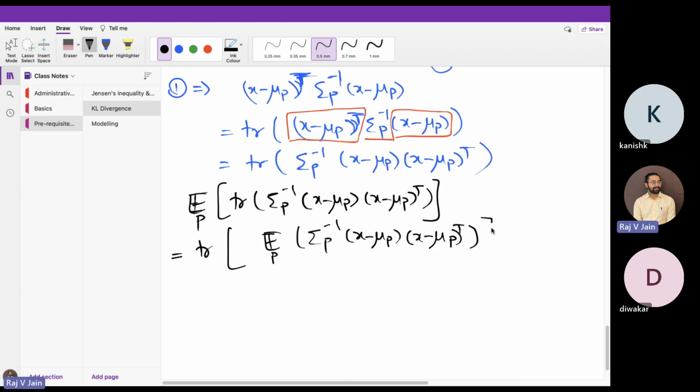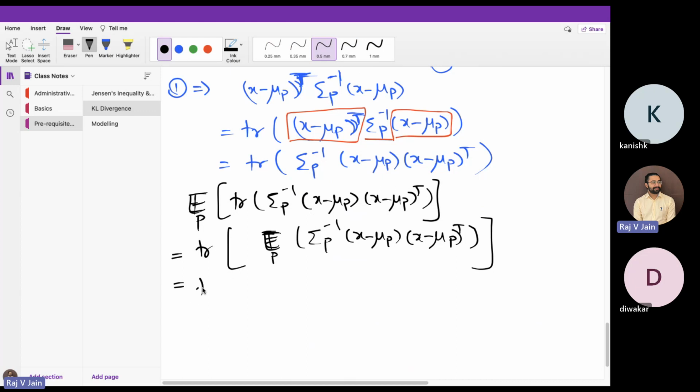There is one subtle thought process here: this expectation now is going to lead us to a matrix. Here this was a matrix, you take the trace and then you take an integration over it. Here the idea is that you're taking a trace of this being a matrix, and then expectation also gives rise to another matrix, and the matrix you get after expectation, you then take its trace.